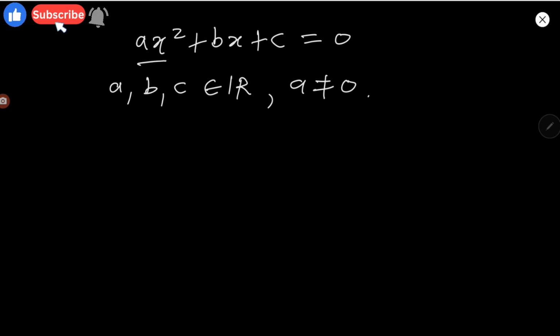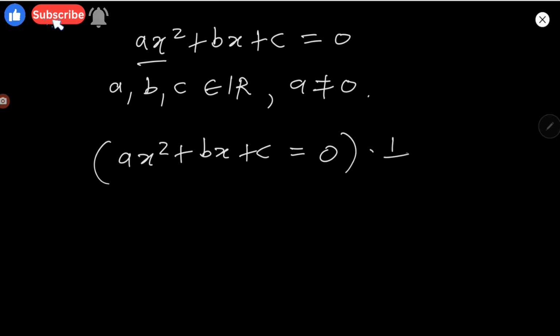So how do we complete the square? The first thing, we make sure that the coefficient of x squared is 1, so we divide throughout by a. So in other words, we can say ax squared plus bx plus c is equal to 0, and I'll multiply this by 1 over a.